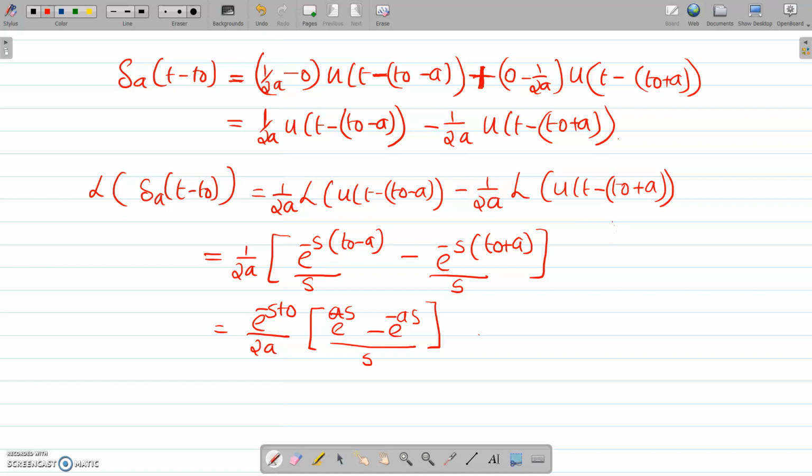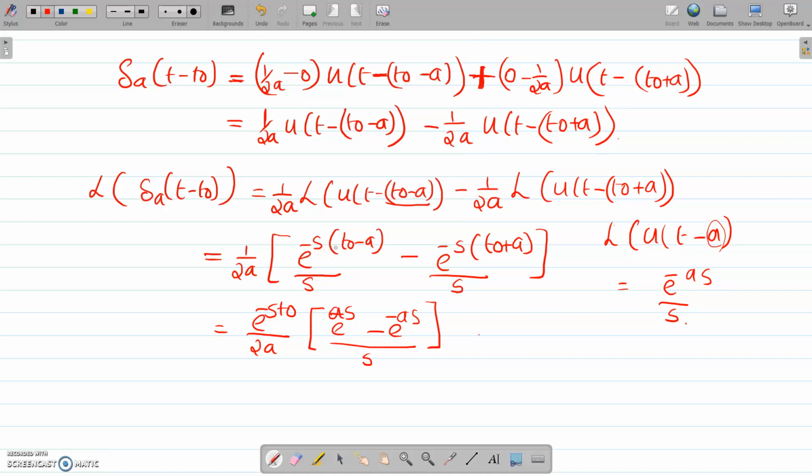The Laplace transform of u of t minus a is e raised to minus as divided by s. Using that, in place of a we have t naught minus a, so e raised to minus s into t naught minus a divided by s, minus e raised to minus s into t naught plus a divided by s.